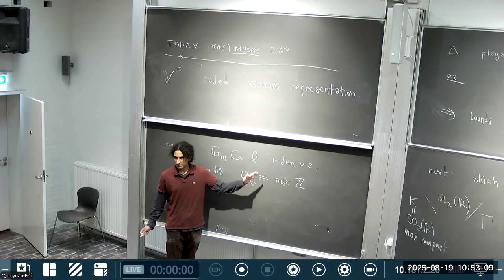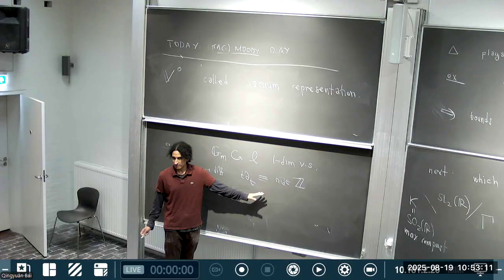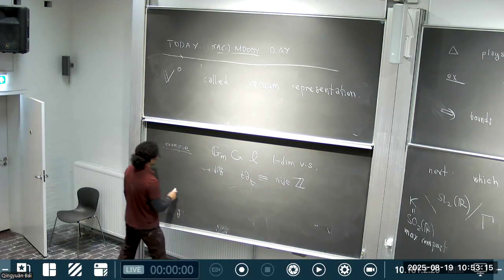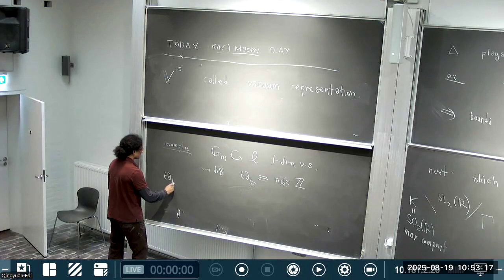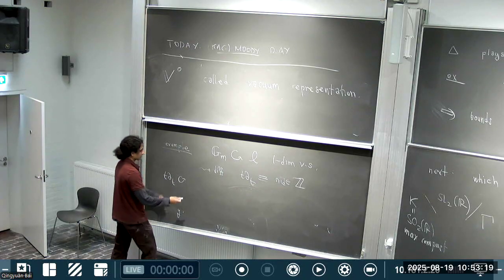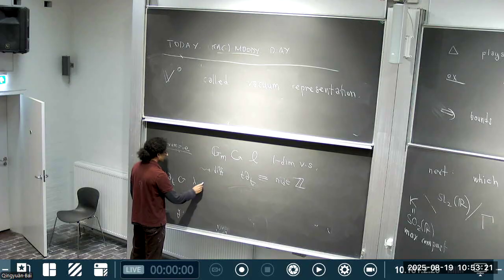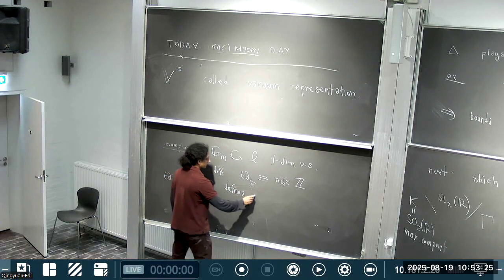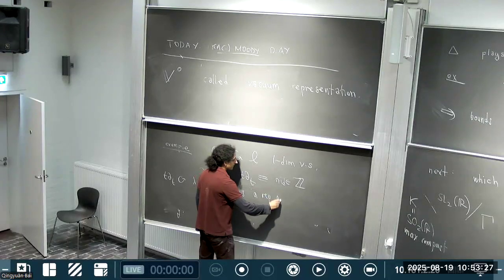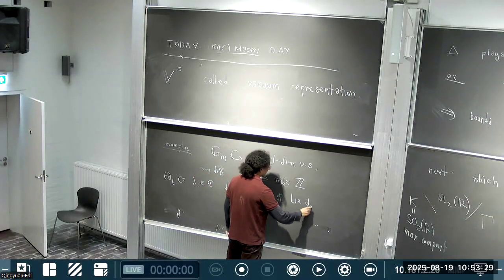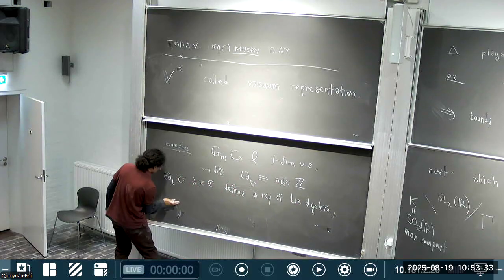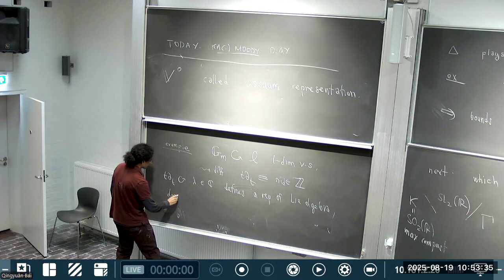But saying t d/dt acts by any lambda in C defines a representation of the algebra, which doesn't integrate.